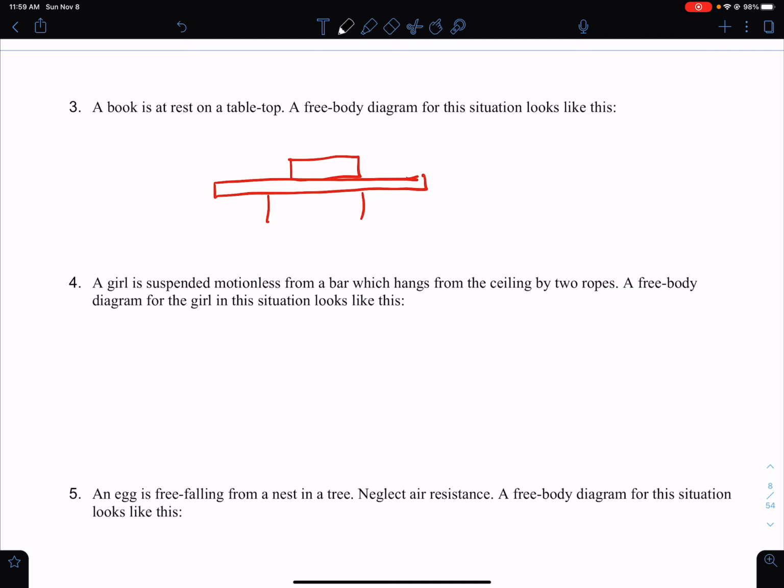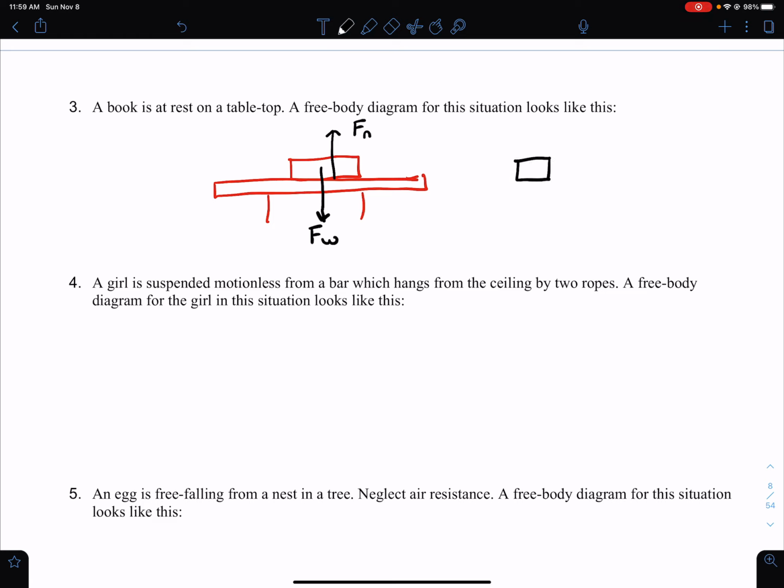So looking at the forces, we know that if a book is sitting on the desk, we'd have the weight of the book acting downwards. And then the tabletop would be supporting the book. So supporting the book, it's not moving upwards or downwards. That's your normal force. So what would the free body diagram of this look like?